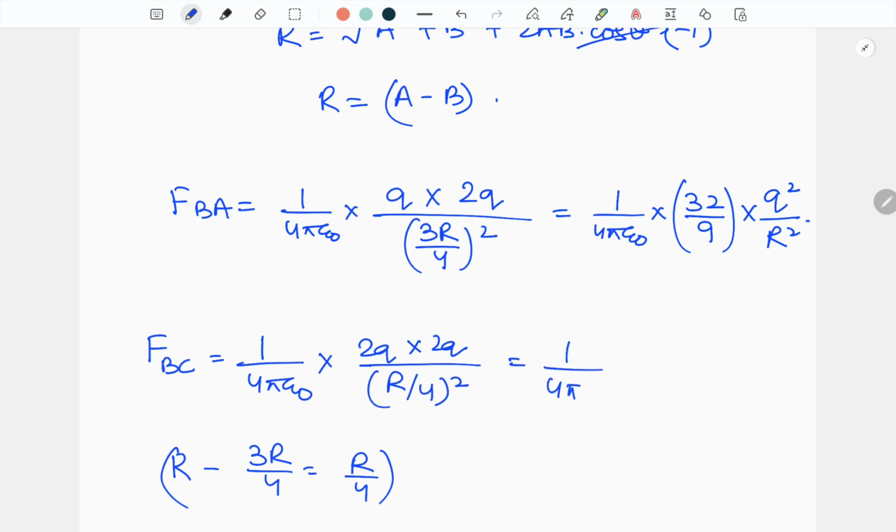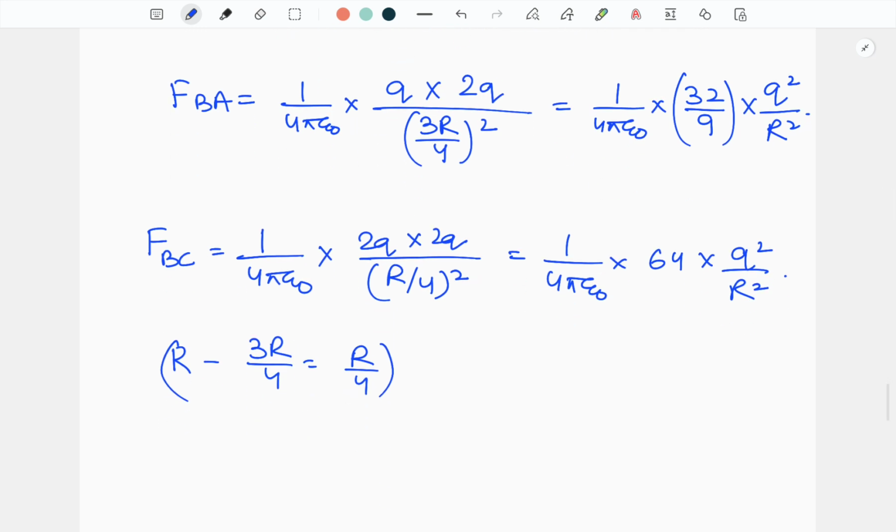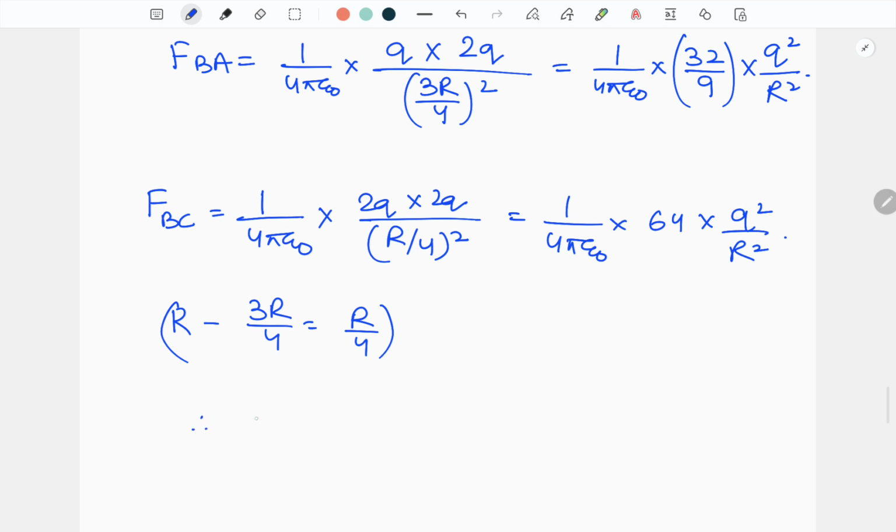It will be 1 by 4 pi epsilon naught, 16 by, I think it will become 16 into 4, 64 by 9, sorry, no, 64 only, 64 q square by r square. Okay, now let us solve this. Therefore F net, so I guess this FBC is larger because 64 is greater than 32 by 9. So FBC minus FBA.